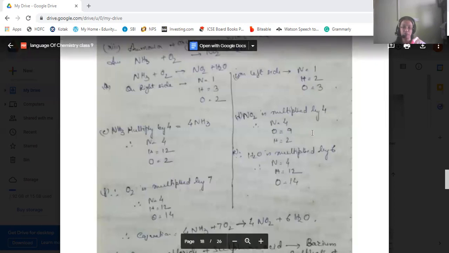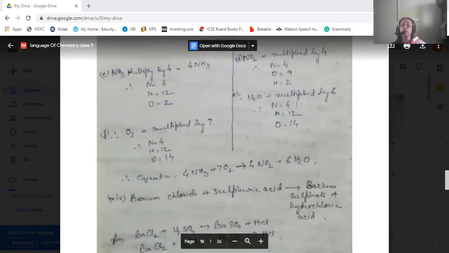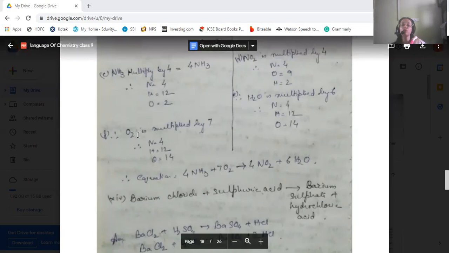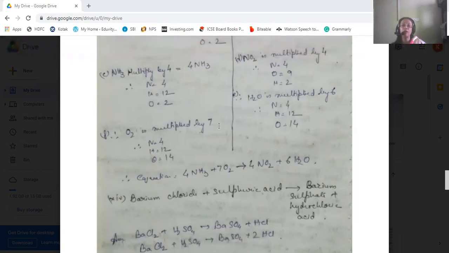N is balanced. So again, H2O is multiplied by 6 then. So what happens? Nitrogen becomes 4, hydrogen becomes 12, and oxygen becomes 14. So O2 is multiplied by 7 then. So we get N is equal to 4, H is equal to 12, O is equal to 14.